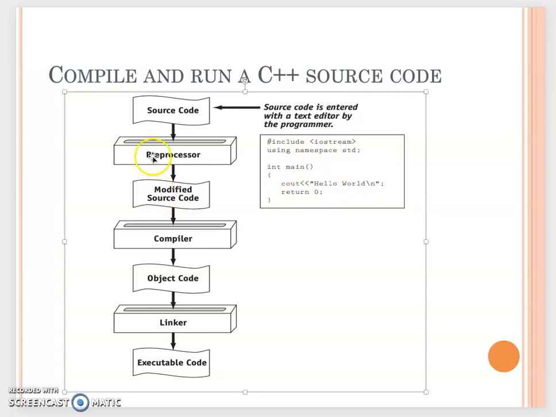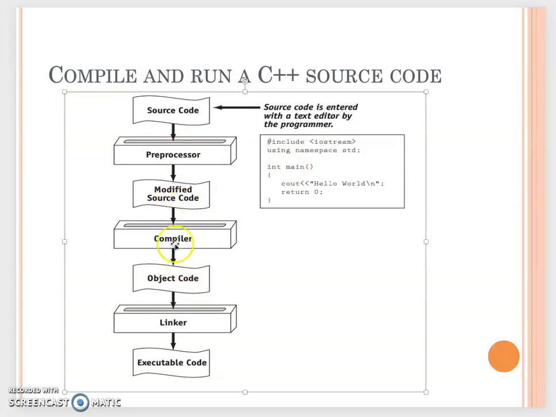So after the preprocessor, the source file is modified. The source code is actually updated, but as a programmer, you won't see that. That's the first thing the IDE does: the preprocessor includes all the libraries into the source file and modifies it.